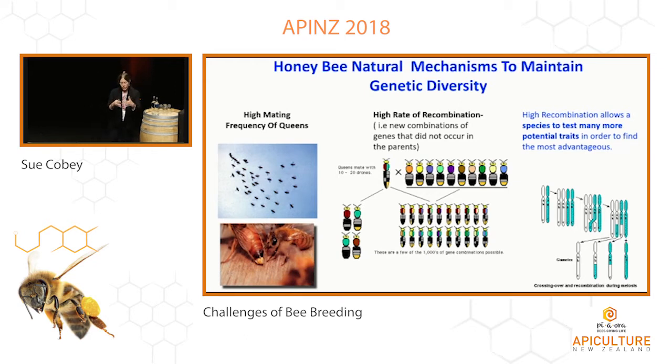Like when you have a mother and father, the daughters are different from the original parents because you have this really high rate of recombination, higher than any other animal. Any other insect even. It's pretty amazing. So their whole strategy, again, is outcrossing, is diversity.